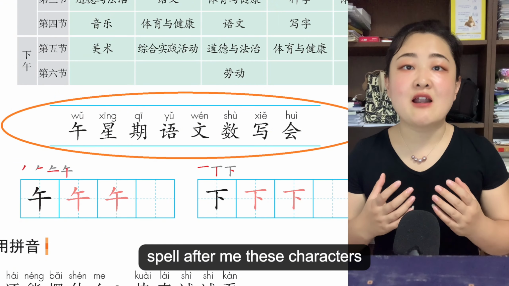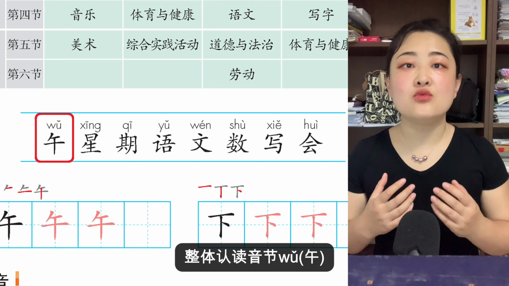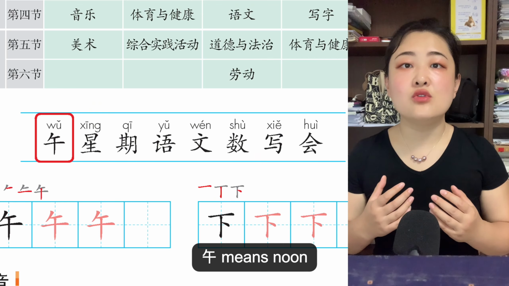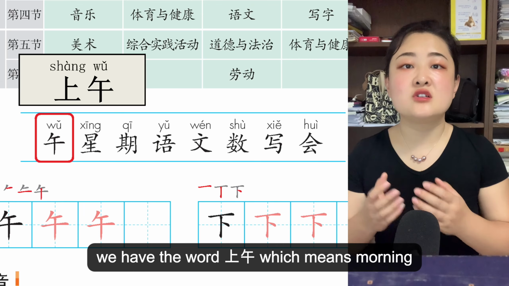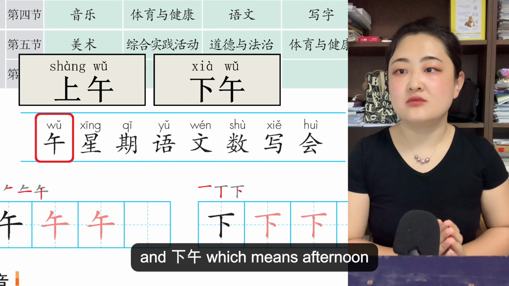Spell after me these characters. 午，整体认读音节午. 午 means noon. We have the word 上午 which means morning, and 下午 which means afternoon.